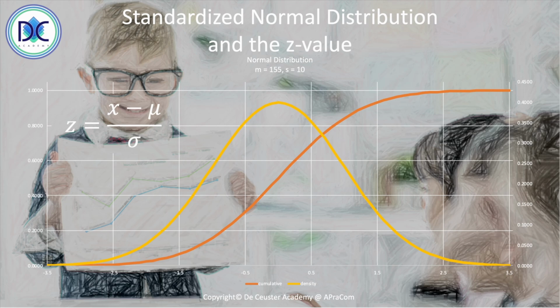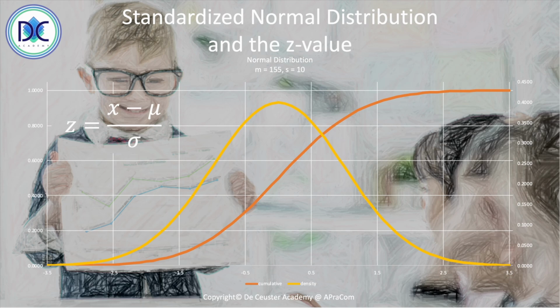But by standardizing the normal distribution around a value of 0 and expressing the x value as the number of standard deviations to the left or the right, we can use this for any normal distribution, for any value of the mean and the standard deviation. And that's a very practical way to work.